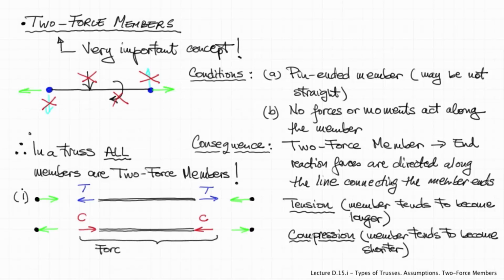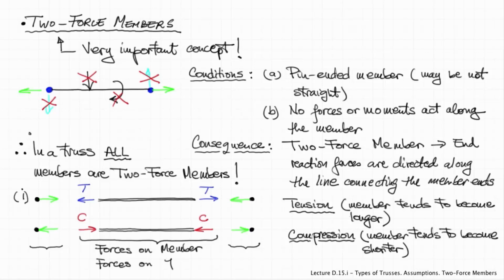So the blue and the red forces are the forces on the member, the green ones are forces on the joints. And we will use the forces acting on the joints in our analysis. Very important thing to remember.